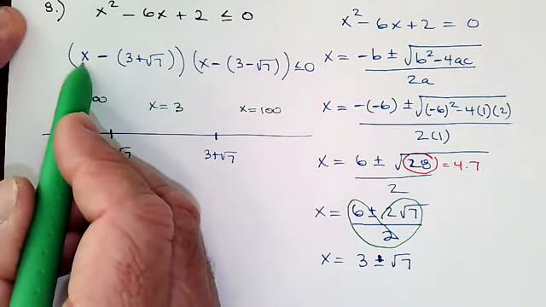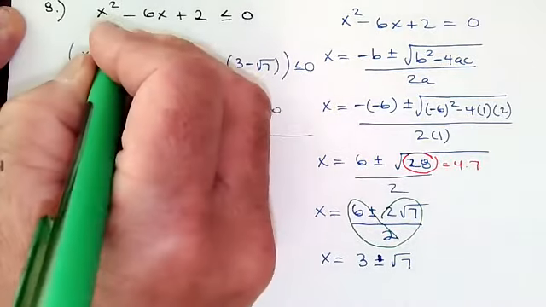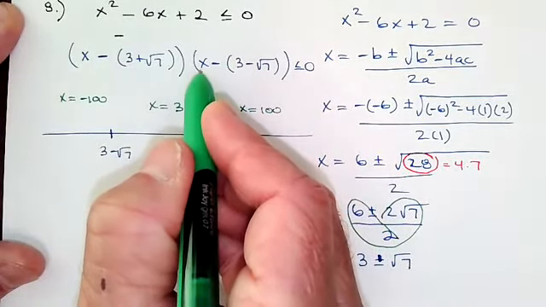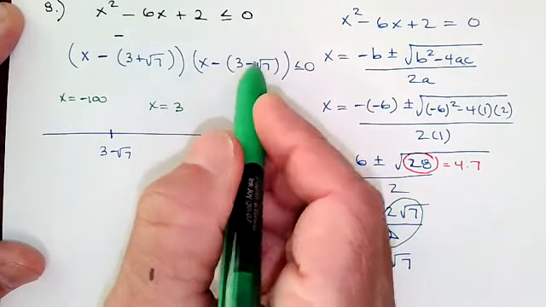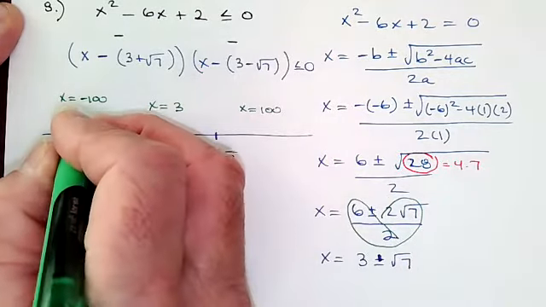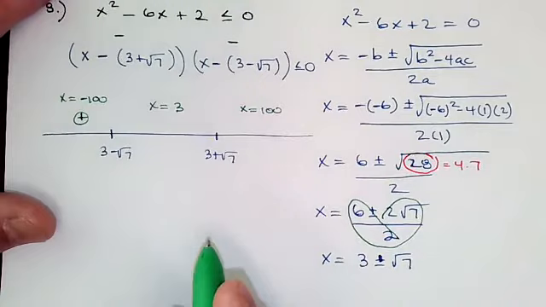If I do -100 minus this little number, clearly that's going to be negative. And if I do -100 minus, that's not going to be a very big number either. That's also going to be negative. So this is going to give me a positive number.